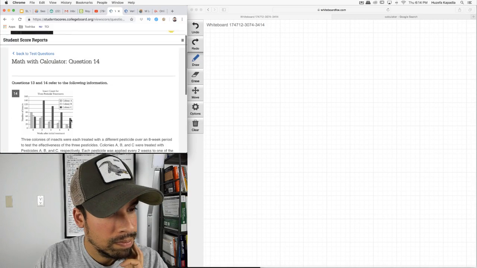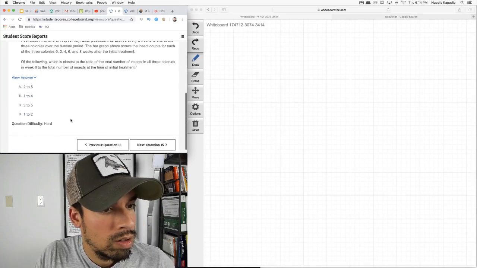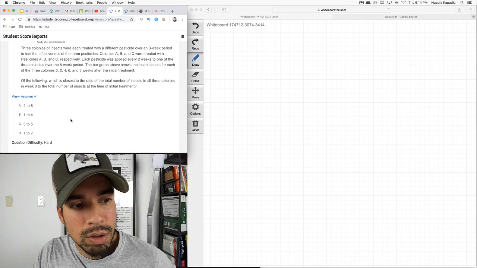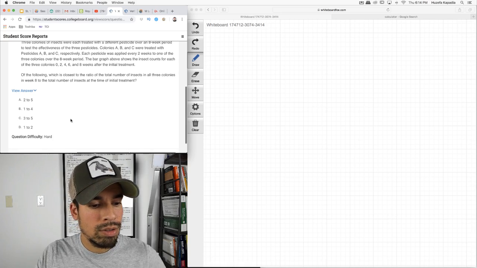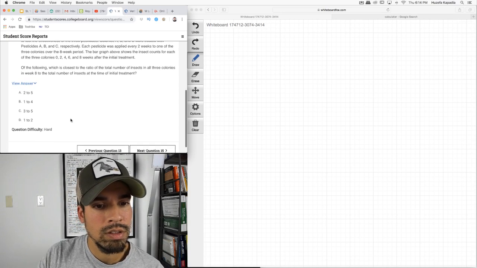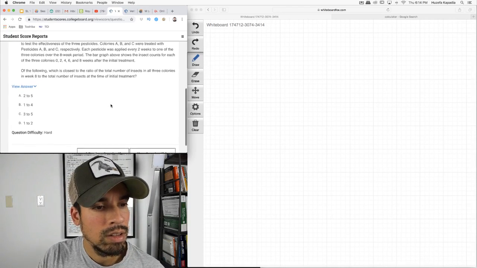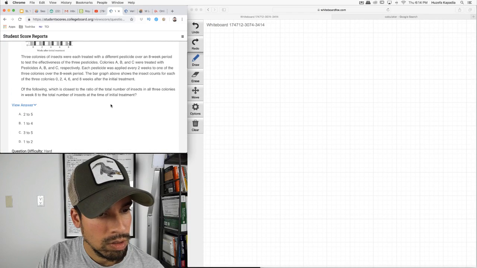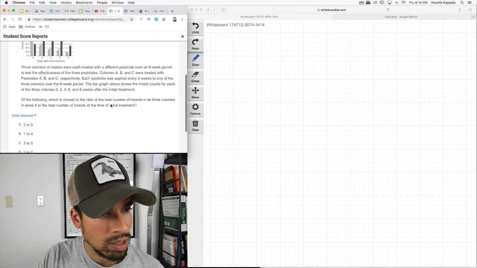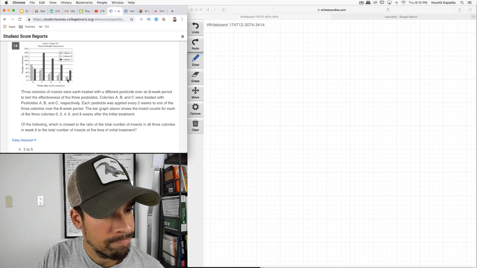And then, which of the following is closest to the ratio of the total number of insects in all 3 colonies in week 8 to the total number of insects at the time of initial treatment? Okay, let's see, week 8.